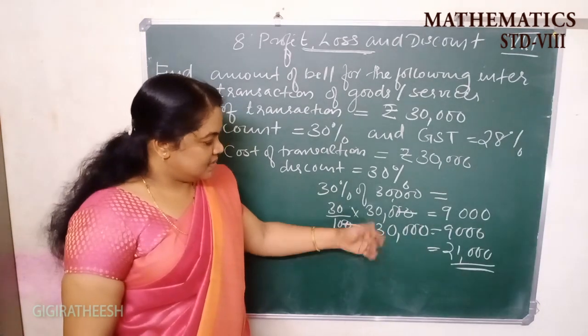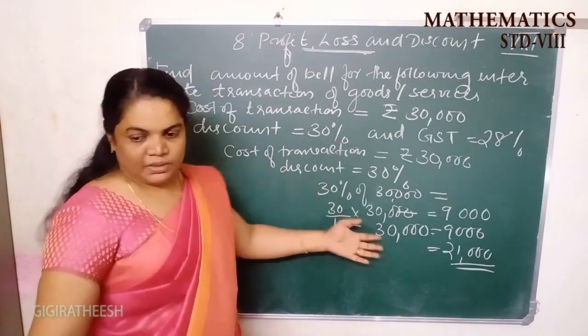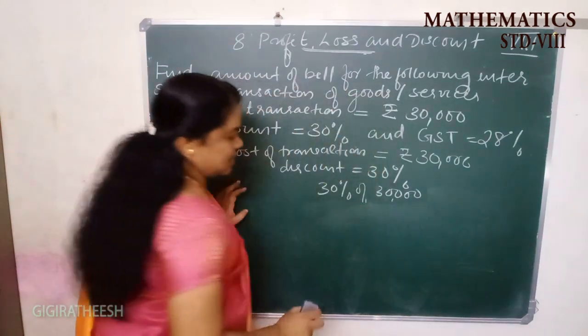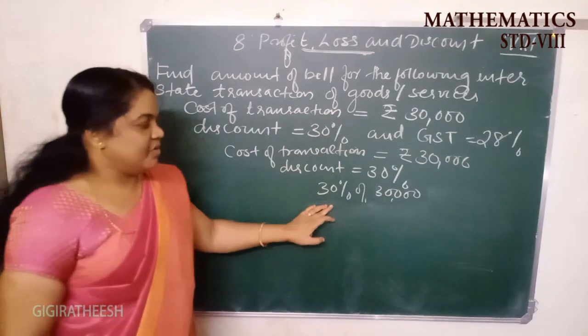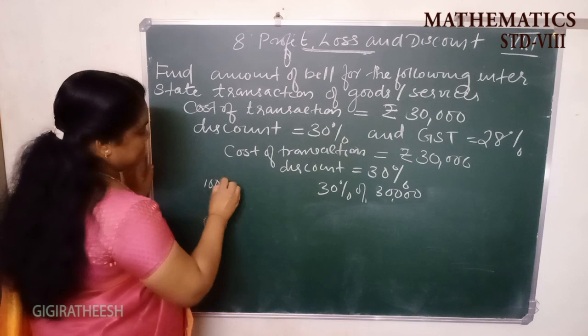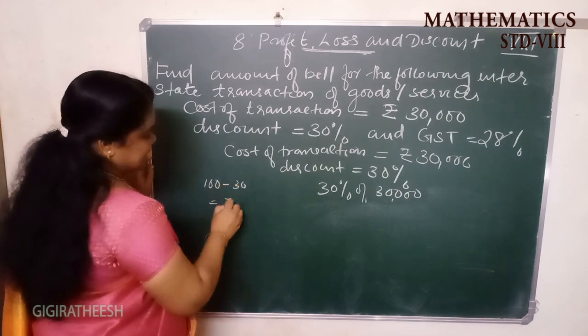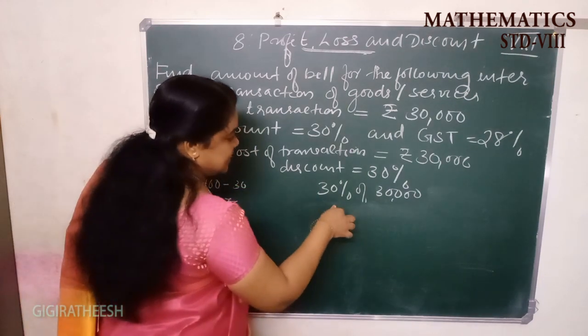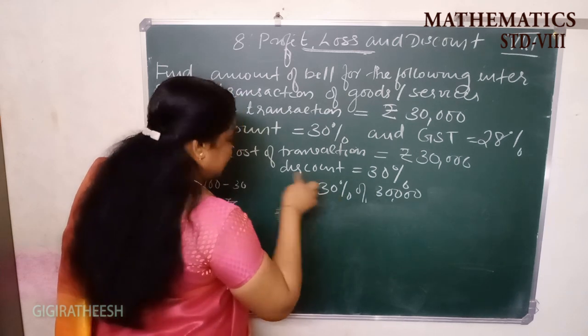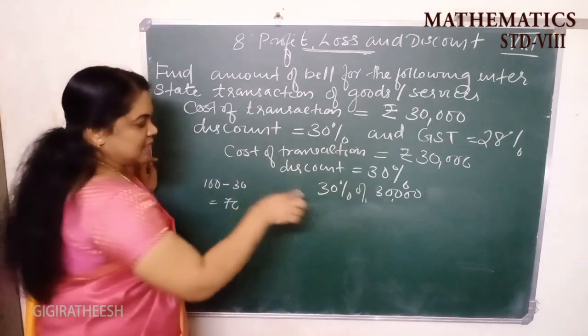In the second method, 30% of 30,000 is the discount, which means only 70% is left. That is, 100% minus 30 is equal to 70. After discounting 30% from 30,000, the balance amount is only 70%.